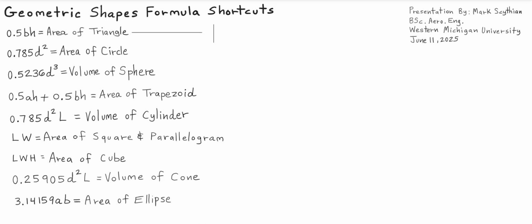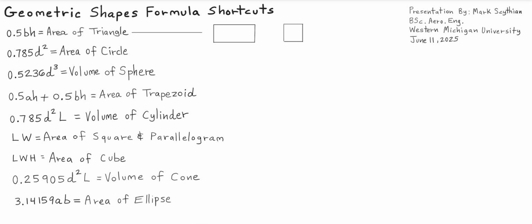And then lastly, we have the area of a triangle. So instead of memorizing the formula for this one, you could just look at a square or a rectangle. We'll start with a rectangle, and then we'll place a square.